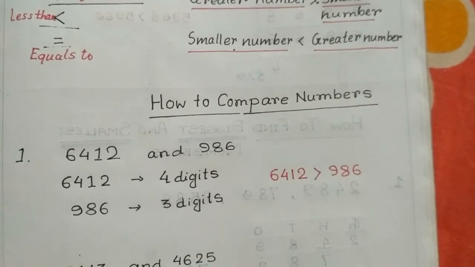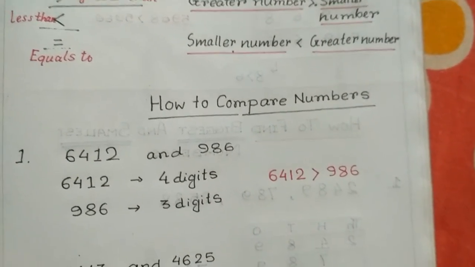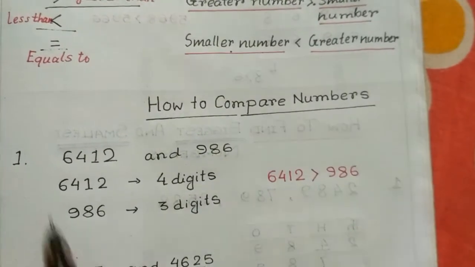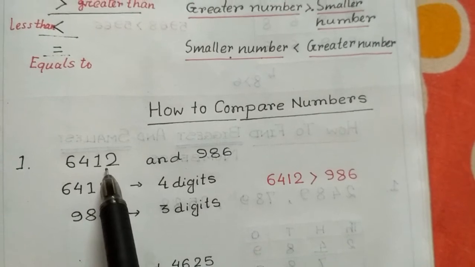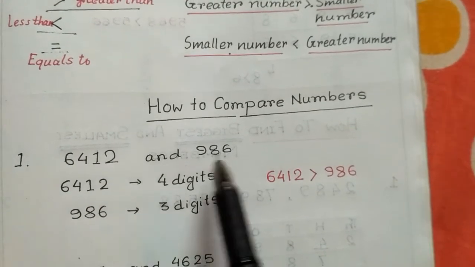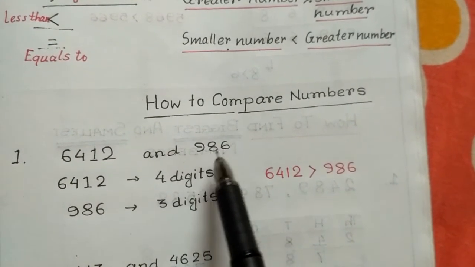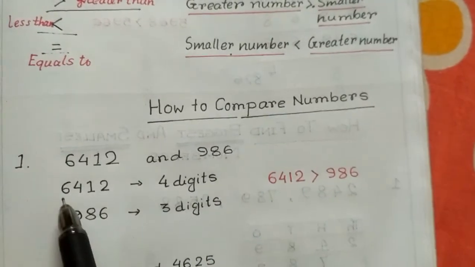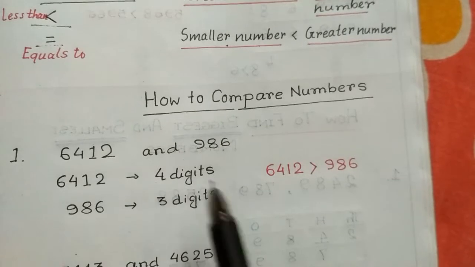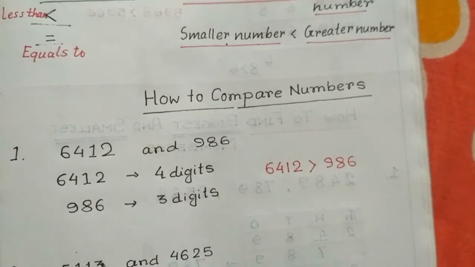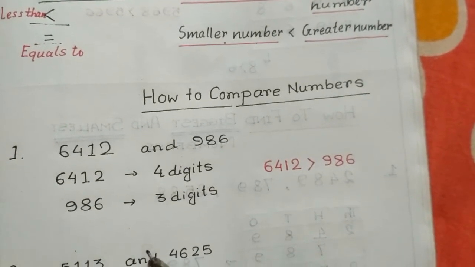Next, when we compare two numbers, I have taken first example. First one is 6412 and next one is 986. First number we can recognize very easily, it is a 4-digit number, and next one is 986, it is a 3-digit number.